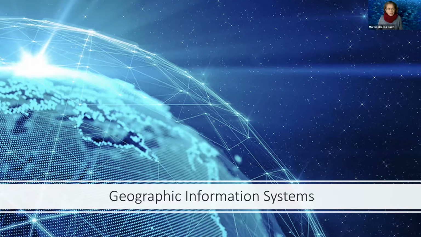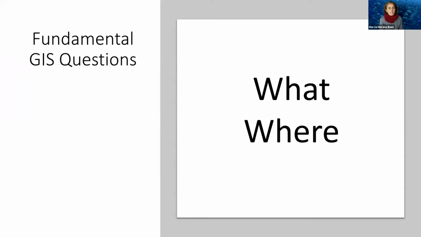So the fundamental questions that GIS help us answer are the what and where. And these questions are needed to solve current problems about our changing climate, our ecosystems, our population, health.